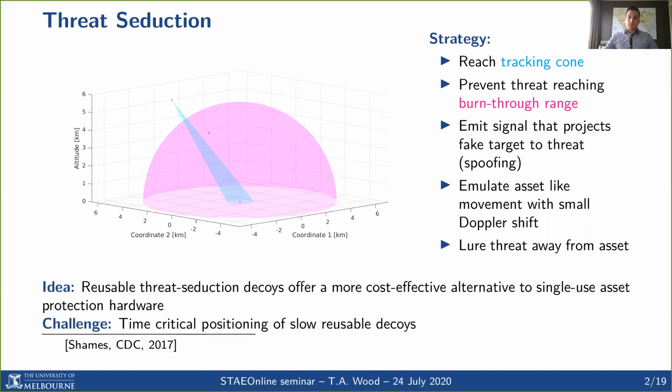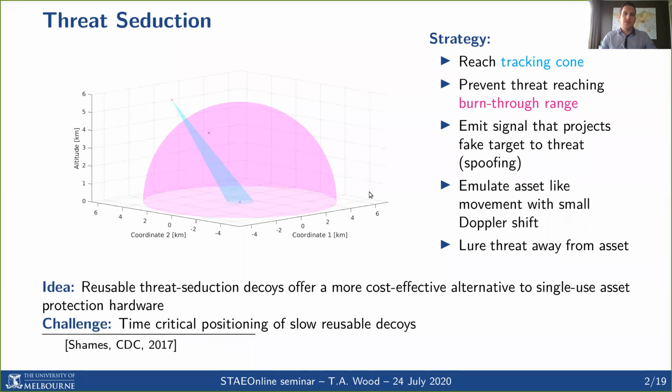In this figure, I'm trying to show you the kind of setup that we're considering. We're looking at protection of an asset, a surface asset on the ground, shown with this cross in blue, and there's an incoming ballistic threat. The idea is that we can maneuver a decoy somewhere in the path between the threat and the asset, so that we can distract the threat.